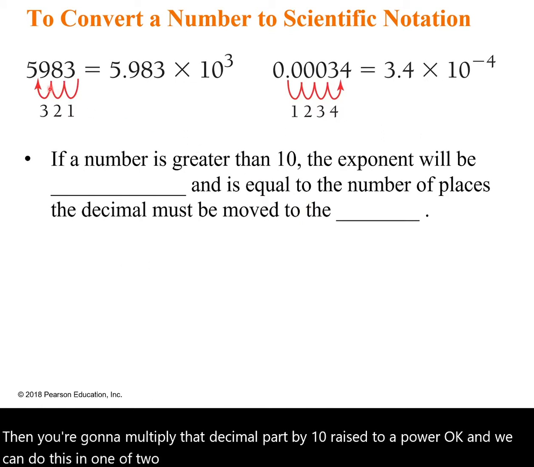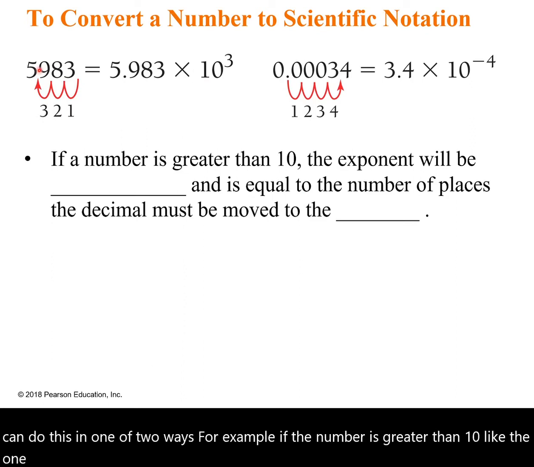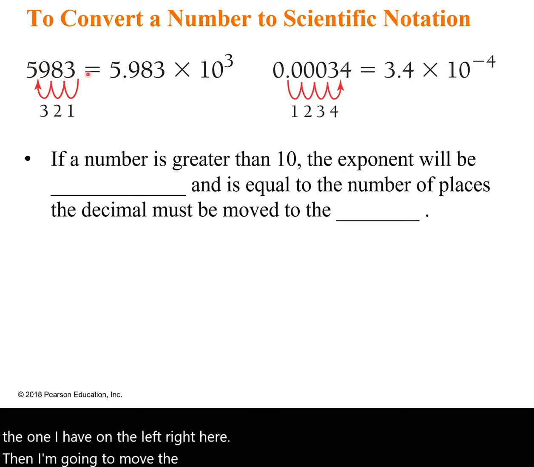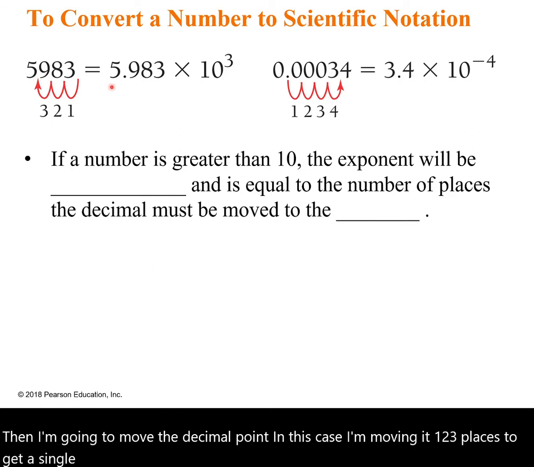For example, if the number is greater than 10, like the one I have on the left right here, then I'm going to move the decimal point. In this case, I'm moving it 1, 2, 3 places to get a single non-zero digit to the left of the decimal point, 5.983.